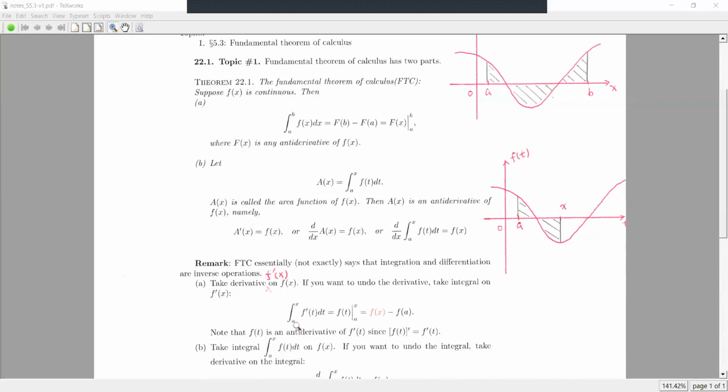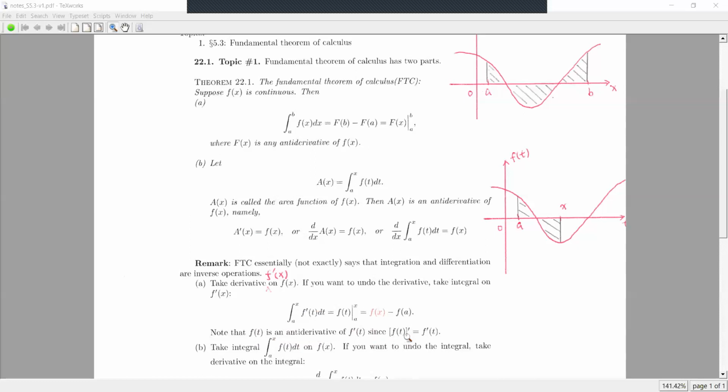Now I take integral from a to x on the derivative. By part A, I can compute this integral by looking for one antiderivative of this guy. Then what function has this derivative? The function f.